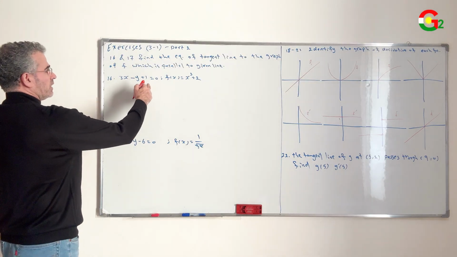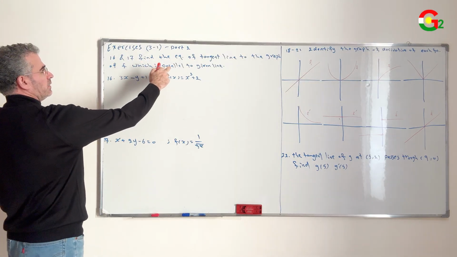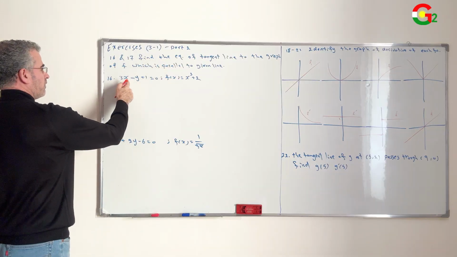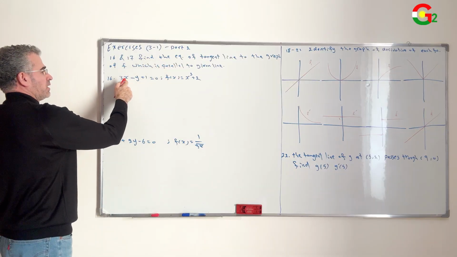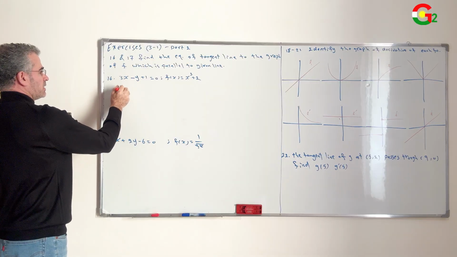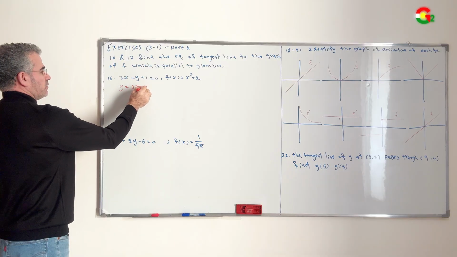At the point of tangency, the slope of the tangent line is equal to the slope of the function. Then we find the slope of the tangent line from this parallel line. Rewrite it as y equal to 3x plus 1.